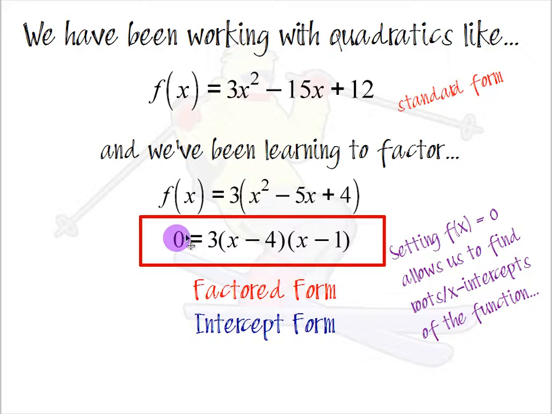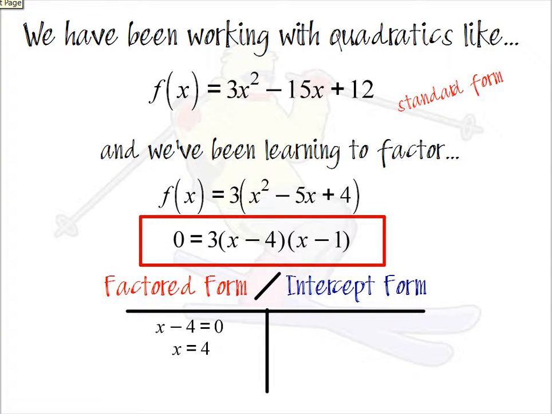So what we did before was we had our equation equal to 0, and then we took each factor and set the factor itself equal to 0. So x minus 4 equal to 0 gives me x equals 4. X minus 1 set equal to 0 gives me x equals 1.